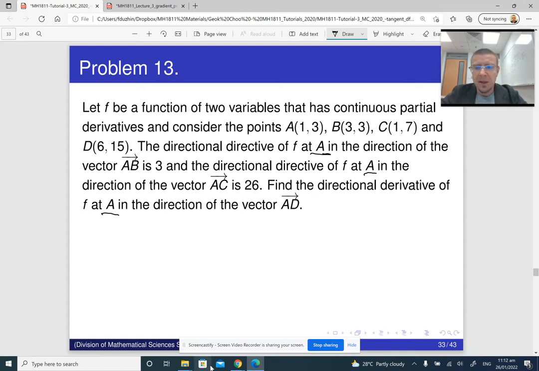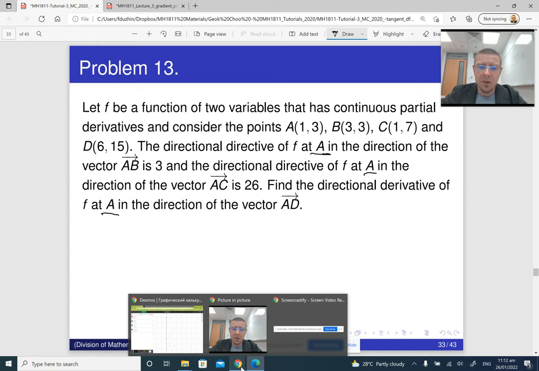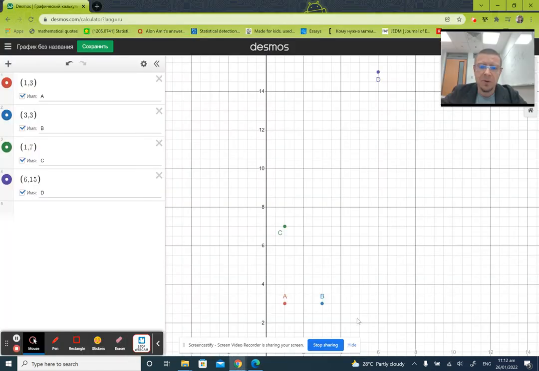So it is a good idea to make a plot of what's going on, and here is this plot, right? So here are all the points a, b, c, and d. So we are given the directional derivative from a to b, which is 3.